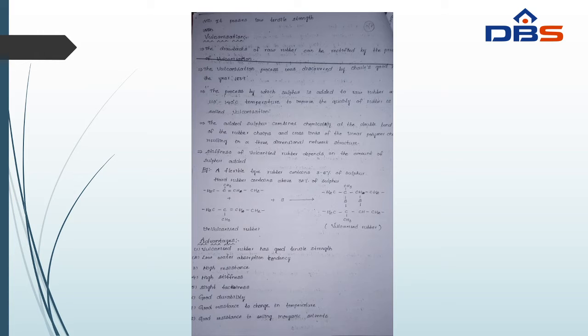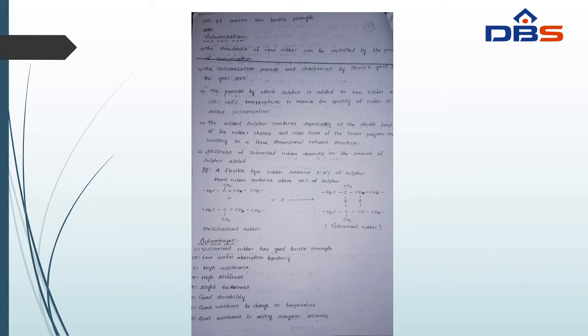The definition of vulcanization again: the process by which sulfur is added to raw rubber at 110 to 140 degrees centigrade temperature to improve the quality of rubber is called vulcanization.